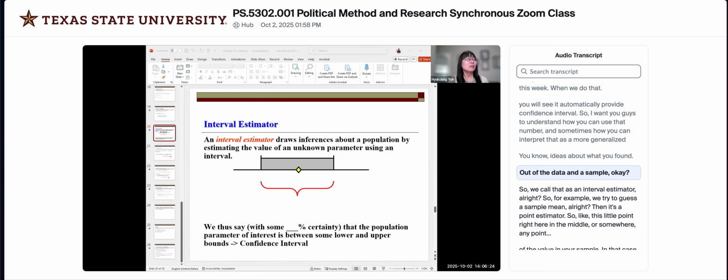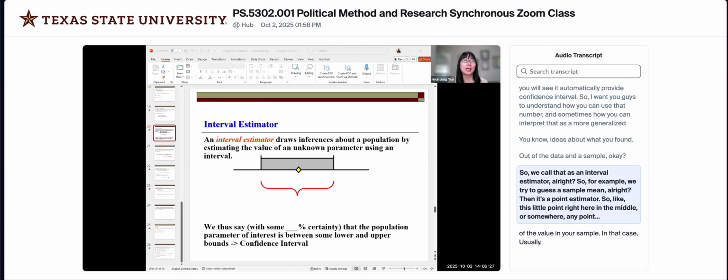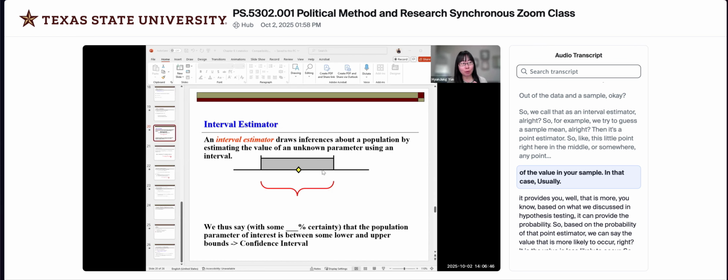Okay, so we call that an interval estimator, all right? For example, when we try to guess the sample mean, then it's a point estimator, like this little point right here in the middle or somewhere, any point of value in your sample.